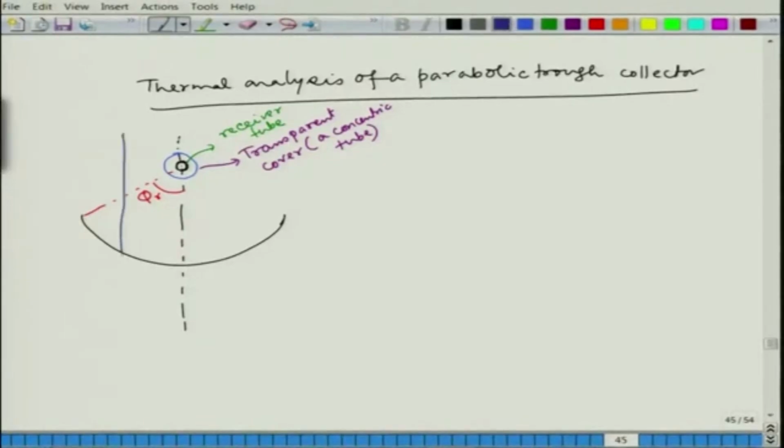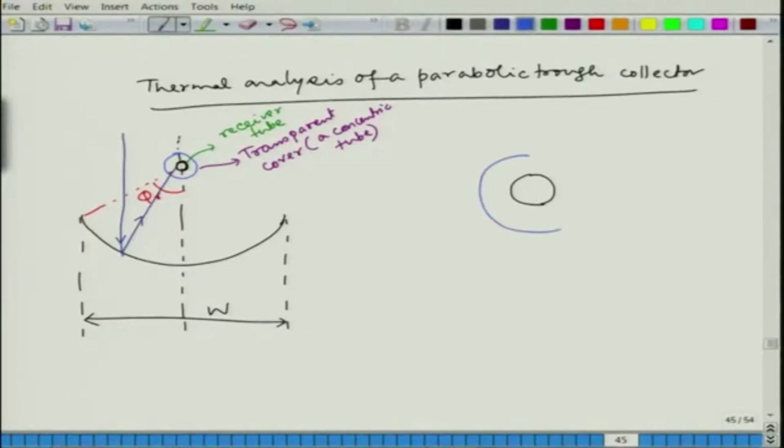So, any ray coming perpendicular to this plane will be reflected to this tube. Okay. And let us say this is the width of the aperture, which is W. Okay.